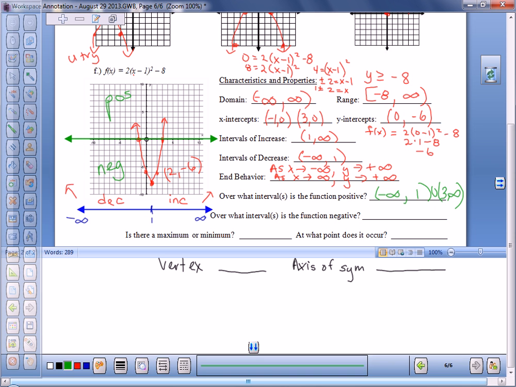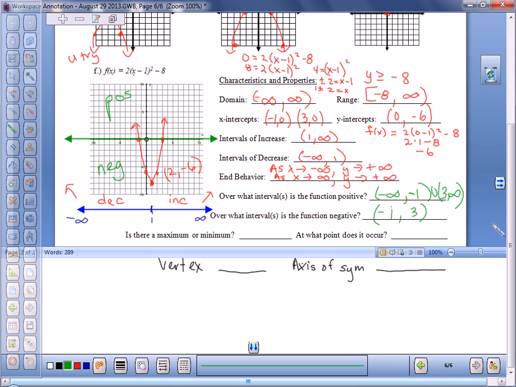All the y values are negative there. So this function is negative over the interval negative 1 to 3. So it is positive from negative infinity to negative 1 and positive from 3 to infinity. It is negative from negative 1 to 3.